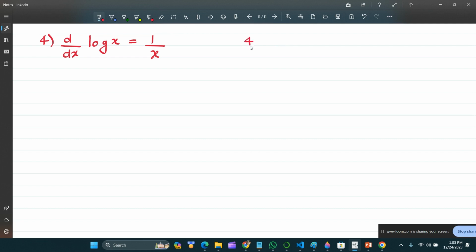If you don't, I will show it. So derivative of log x is 1 upon x. Then integration of this function will be log x. The formula for this we can write as integration of 1 upon x dx is equal to log x plus c, and we have to write this plus c everywhere.